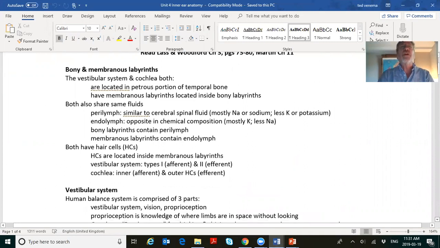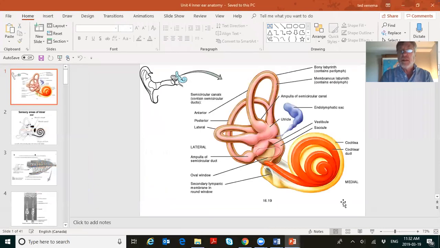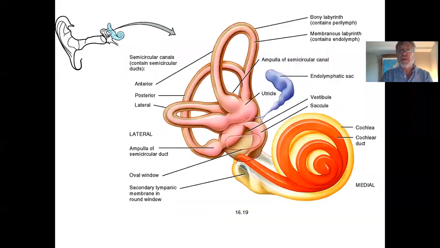Bony and membranous labyrinths of the inner ear. The vestibular system has them and the cochlea has them. Showing a picture over here, making sure we've got it. Okay, all the white is solid bone.